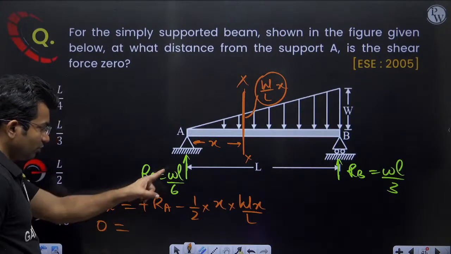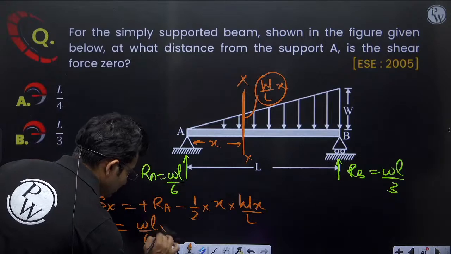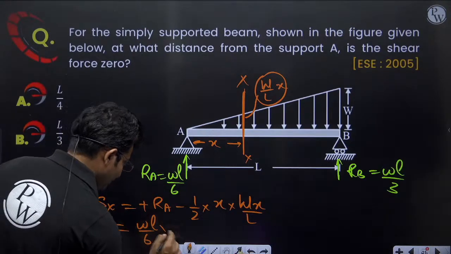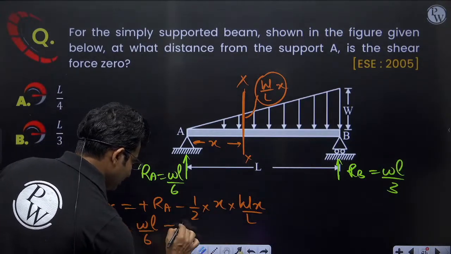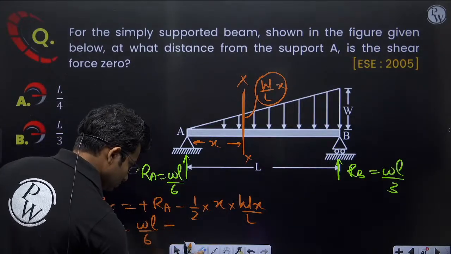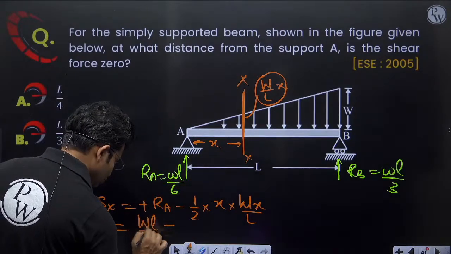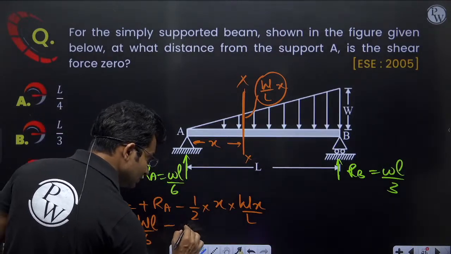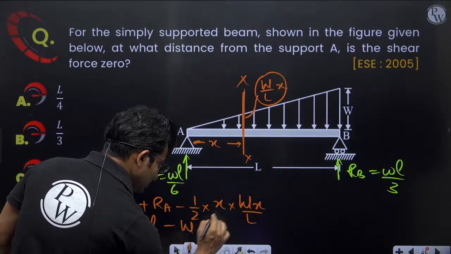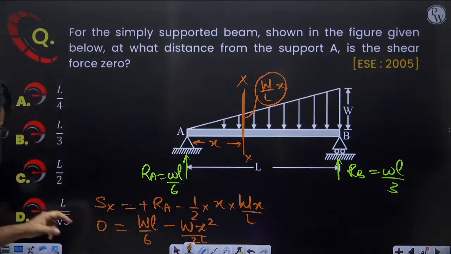What will be the value of Ra? WL by 6 minus, I have to put it capital W. In the question it is given capital W. So capital W L by 6 minus W x square by 2L is equal to 0.